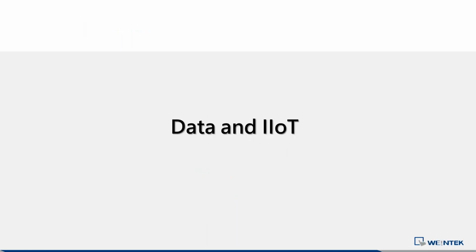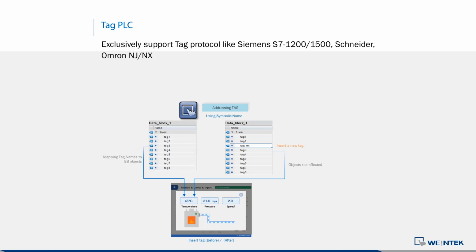Right. And about the software features, the next part is talking about data and IoT. cMTX is more powerful and useful for connecting to a PLC or sharing data through IoT or an SQL database. So first, we're going to talk about tag PLCs.